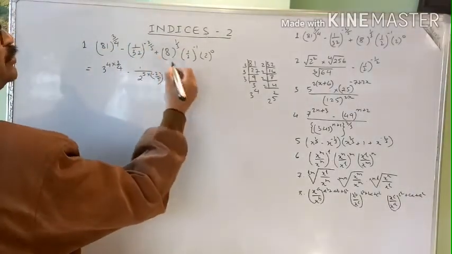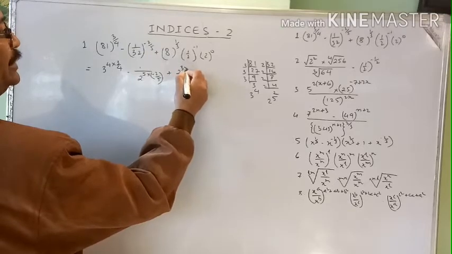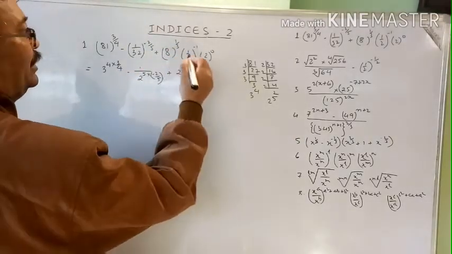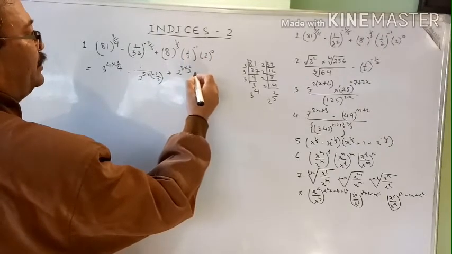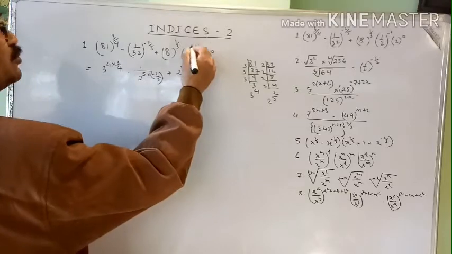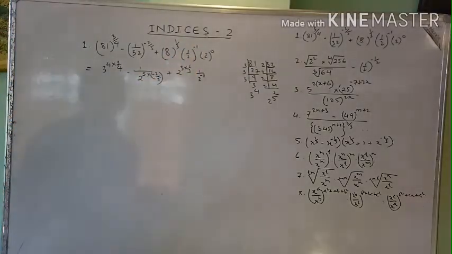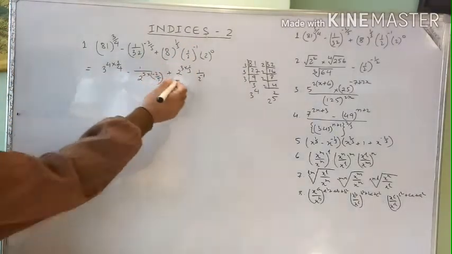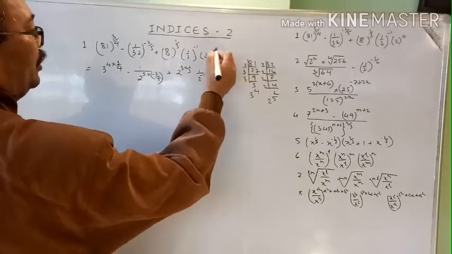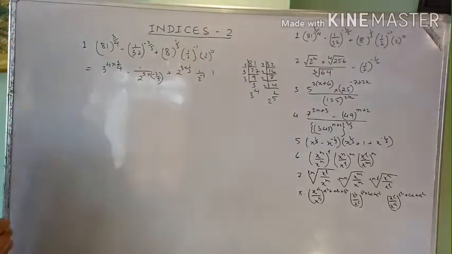Now plus 8 you can write as 2 cube into 1 by 3. Power on power will be multiplied. Then half to the power minus 1 will be 1 by 2 to the power minus 1, because 1 to the power minus 1 is 1 only. So 2 to the power minus 1 comes here, and here into 2 to the power 0 is also 1.